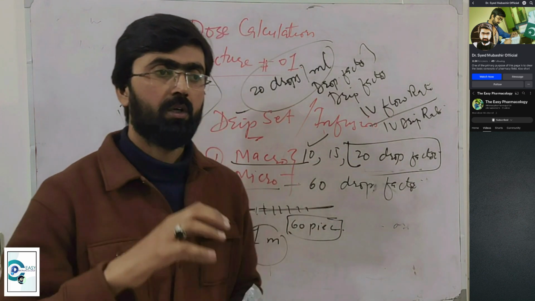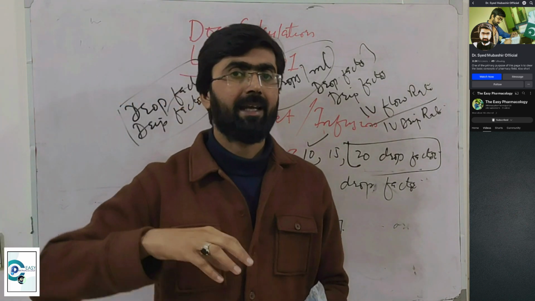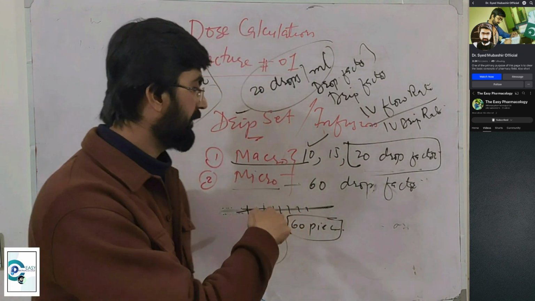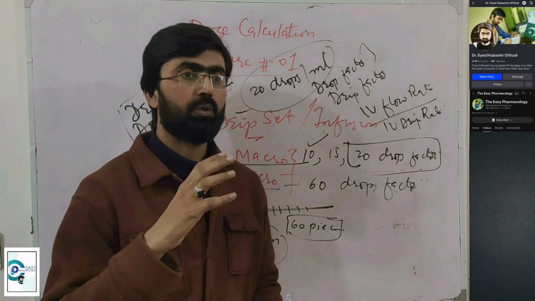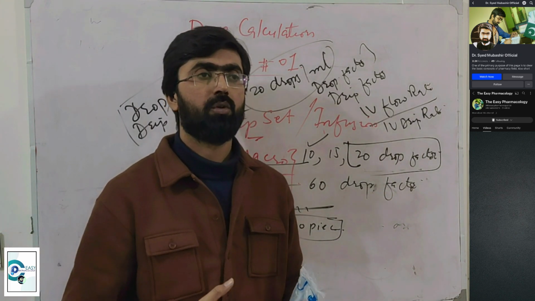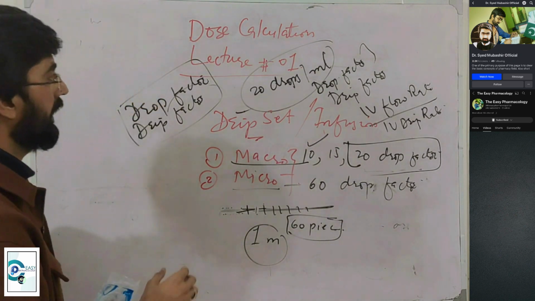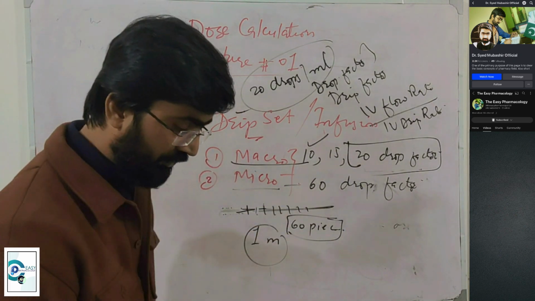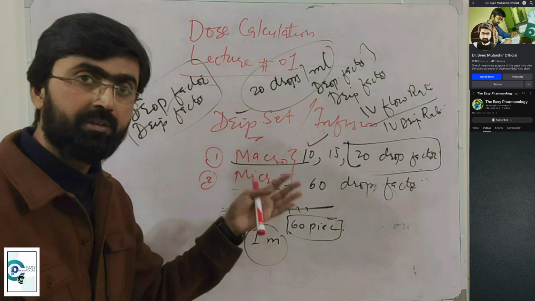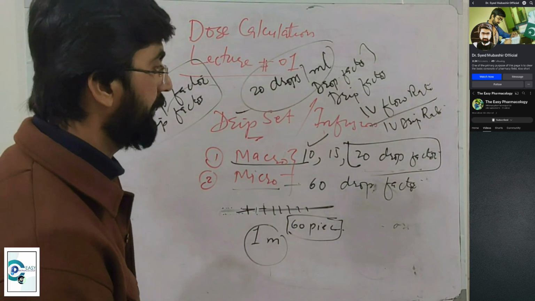It depends upon the situation, but especially in children and pediatric patients we use micro drip sets, and where larger quantities need to be infused rapidly, we need macro drip sets. Up to this point, I think you have come to know how many types of drip sets or infusion sets there are, and what is meant by drop factor or drip factor.